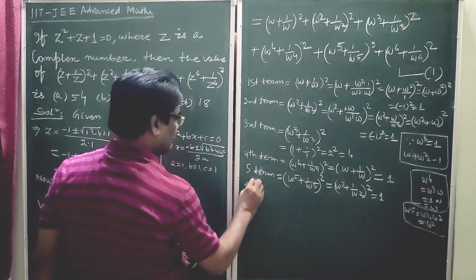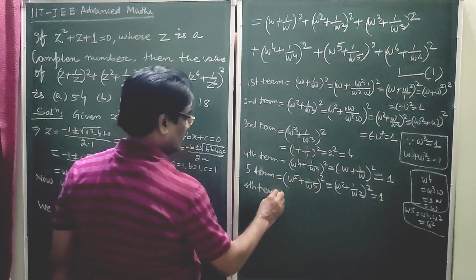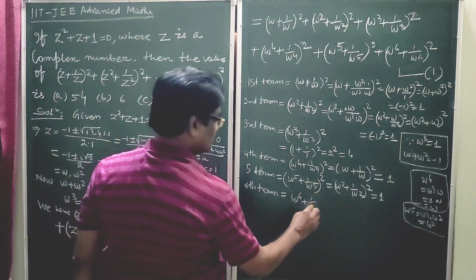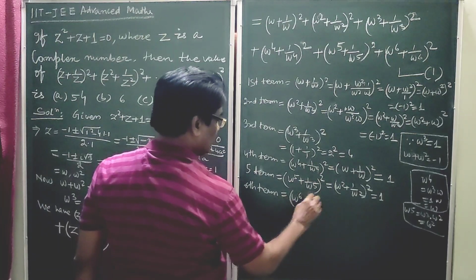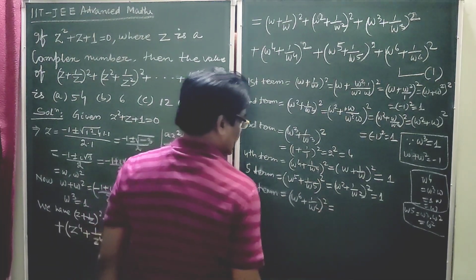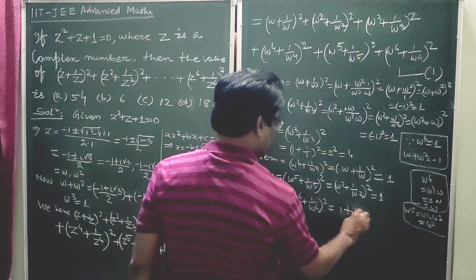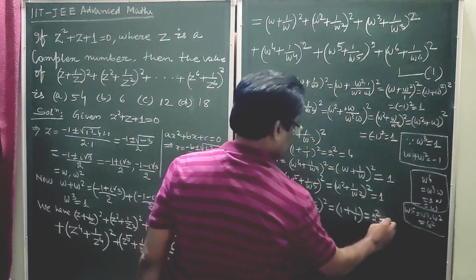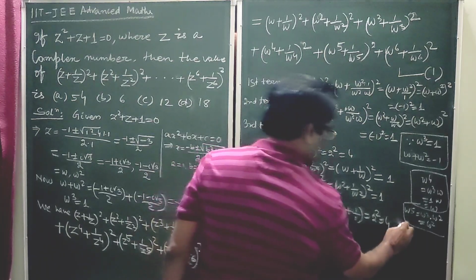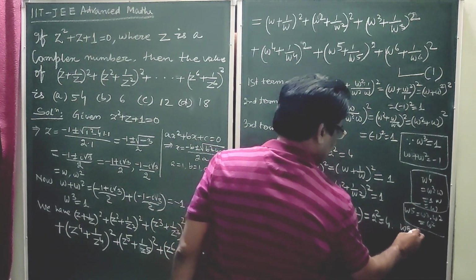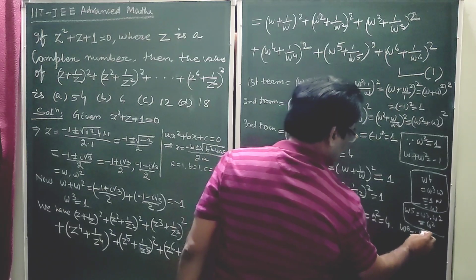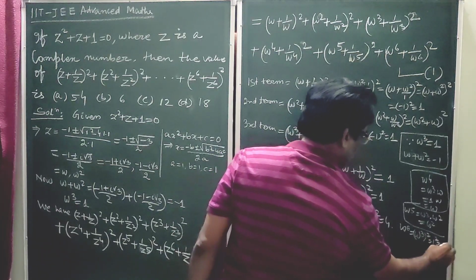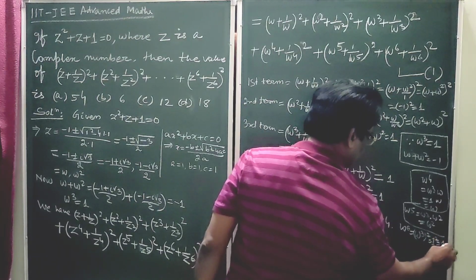And sixth term, this is (omega to the power 6 plus 1 by omega to the power 6) whole square. So this is 1 plus 1, this is 2 square is equal to 4, because omega to the power 6 is equal to (omega cube) whole square, 1 square is equal to 1.